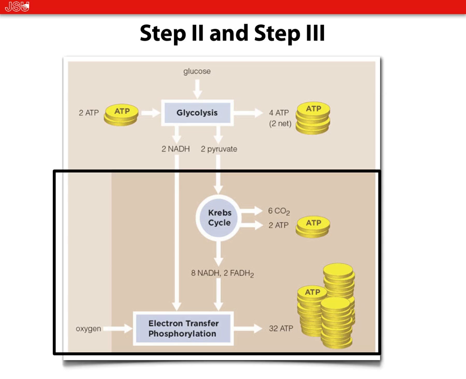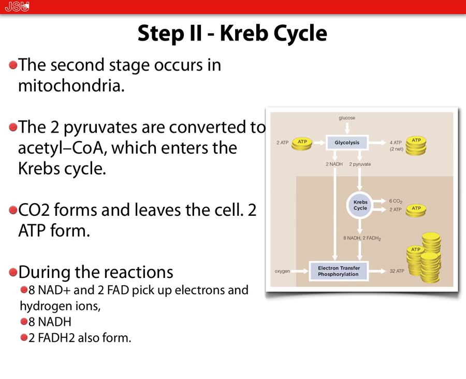Now we're going to look at steps 2 and 3. Step 2 is the Krebs cycle. The Krebs cycle is going to take the products of glycolysis and put them in a reaction that will convert them into some other energy carriers. We're going to look at the Krebs cycle in detail later. But what do you know about the Krebs cycle?